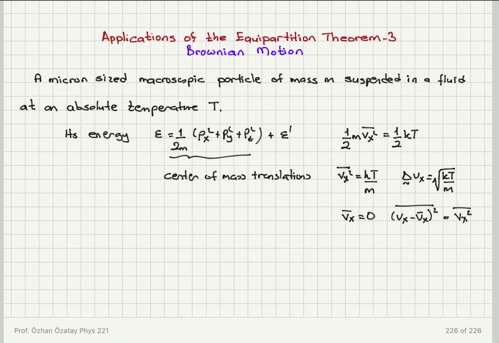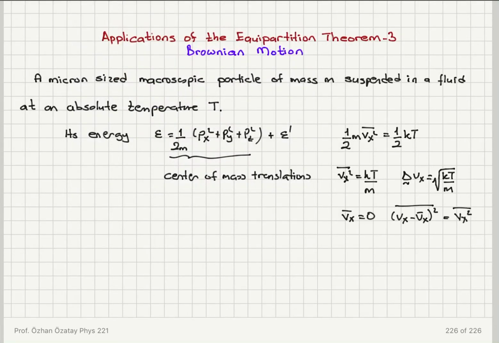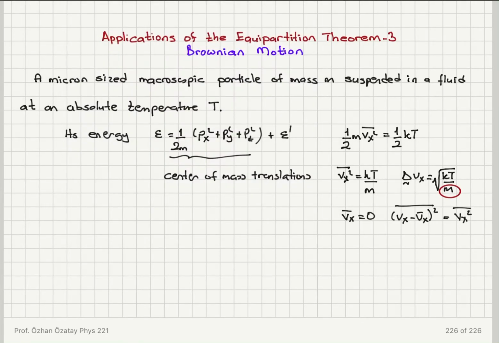So this is telling us a very important physical result, that is the dependence on the mass. We have the fluctuation amplitude dependent on the mass with a factor proportional to 1/square root m.